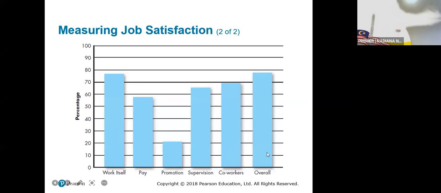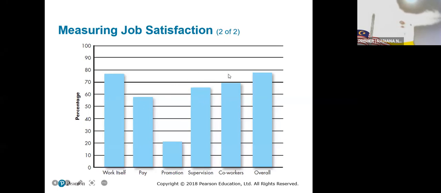And then the overall: a combination of the work itself, pay, promotion, supervision and co-workers. They will calculate the overall, to show either high job satisfaction or lower job satisfaction. This is a percentage.